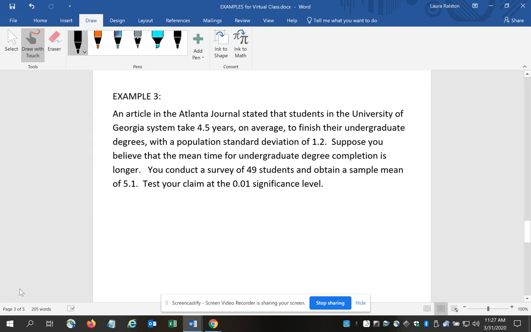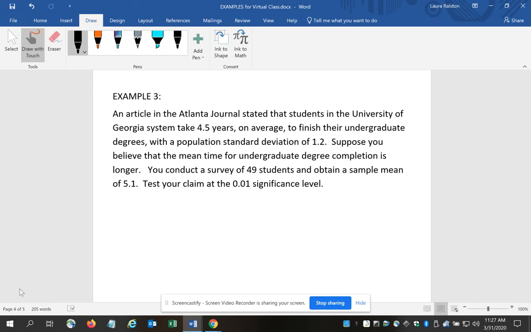It says, an article in the Atlanta Journal stated that students in the University of Georgia system take 4.5 years on average to finish their undergraduate degrees, with a population standard deviation of 1.2. Suppose you believe that the mean time for the undergraduate degree completion is longer.